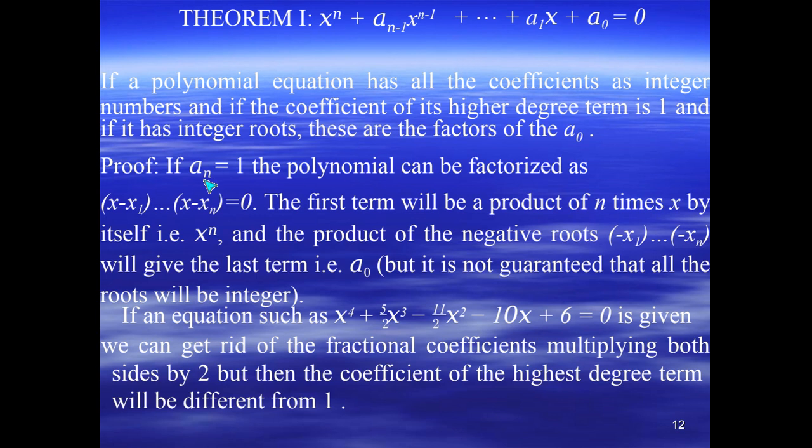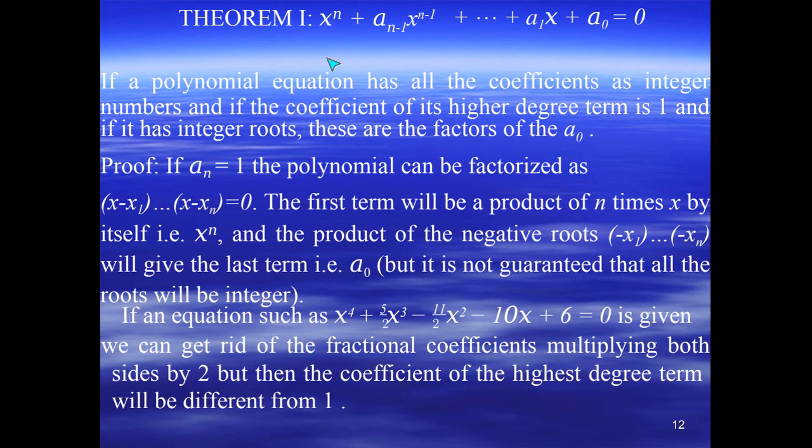So the proof of this theorem: if an equals 1, this polynomial can be factorized as x minus x1 times x minus x2 times x minus x3, etc., times x minus xn. You can always factorize this polynomial as x minus a root times x minus a second root, up to x minus the nth root, equals 0.